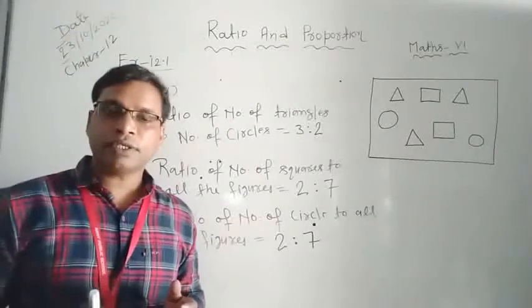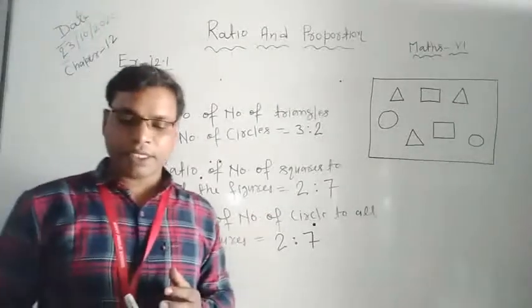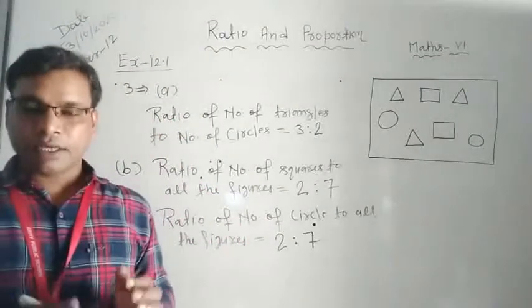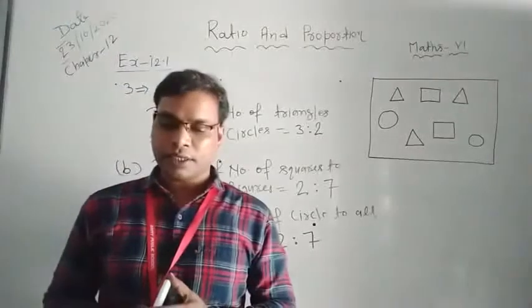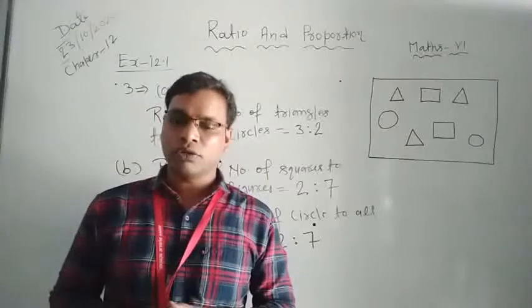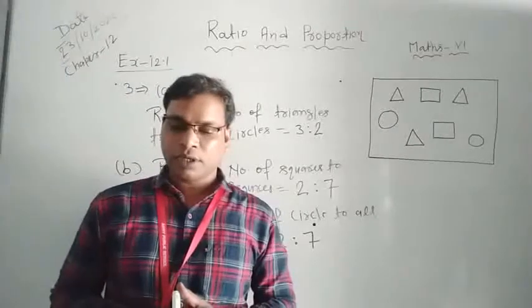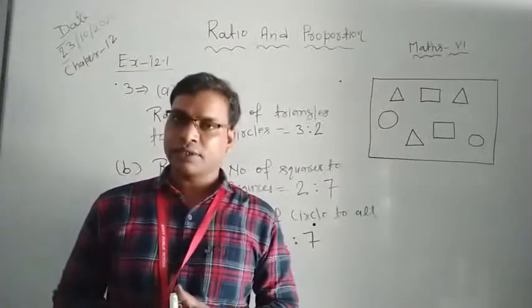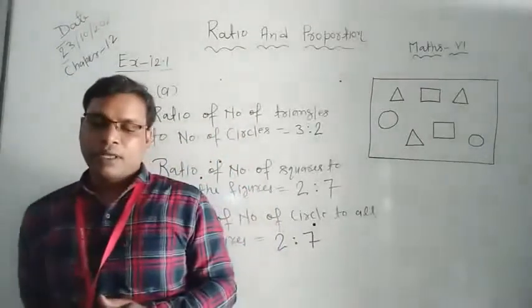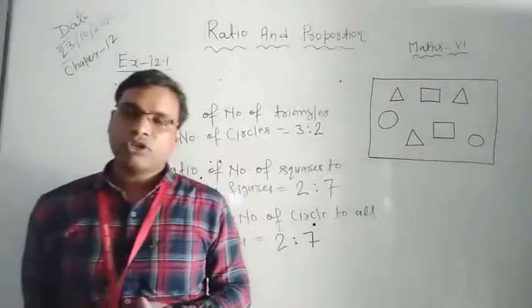What is the next question? Next question is question number 4. Distance traveled by Hamid and Akhtar in an hour is 9 kilometers and 12 kilometers.